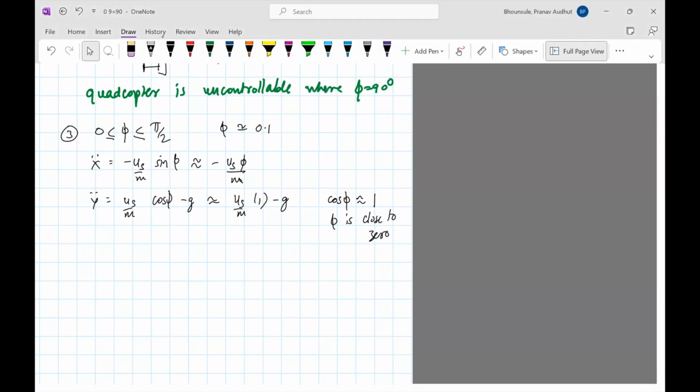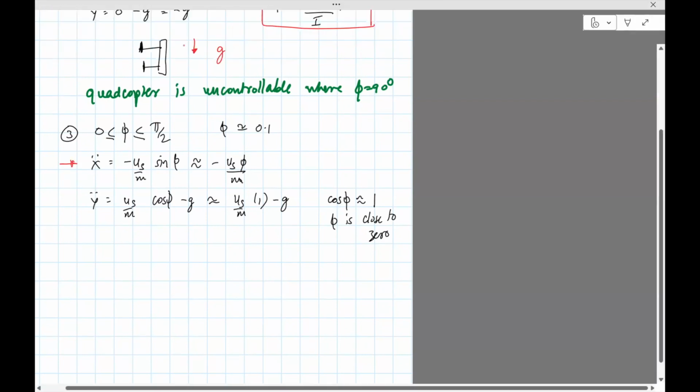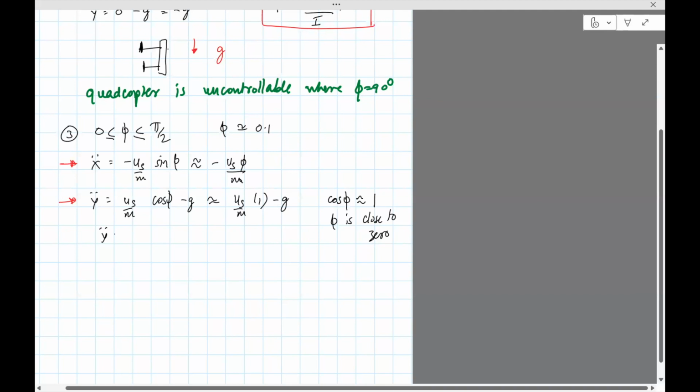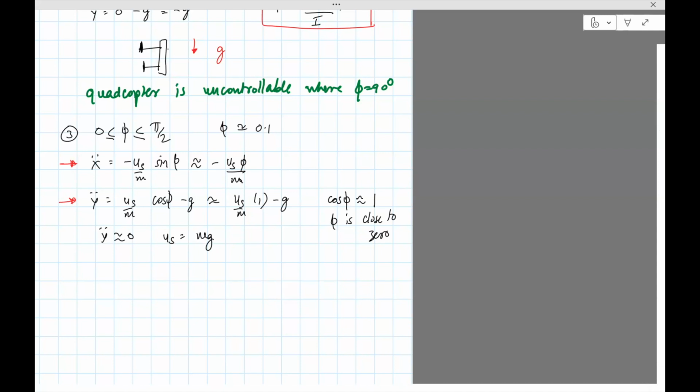Okay, so what we see here is these conditions, and what we want to do is, clearly, keep y double dot close to 0. So we'll set us equals mg, which will ensure that y double dot is 0.